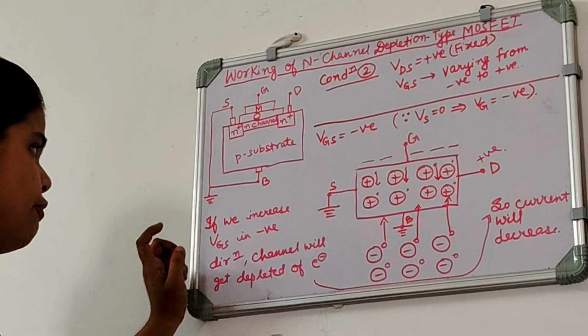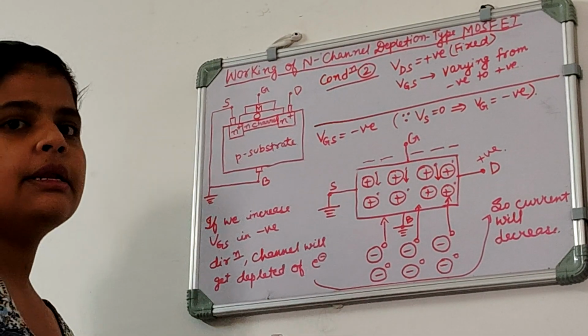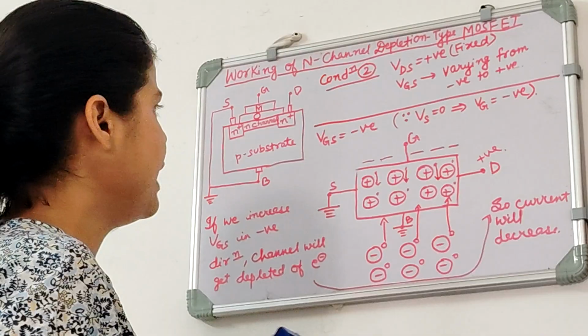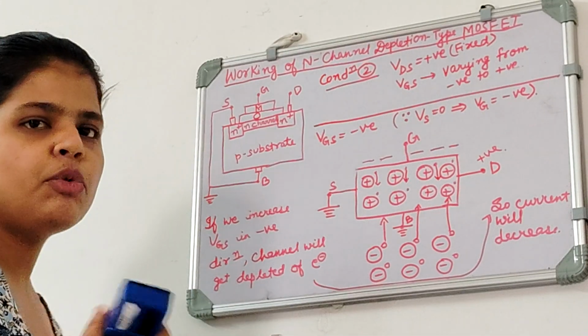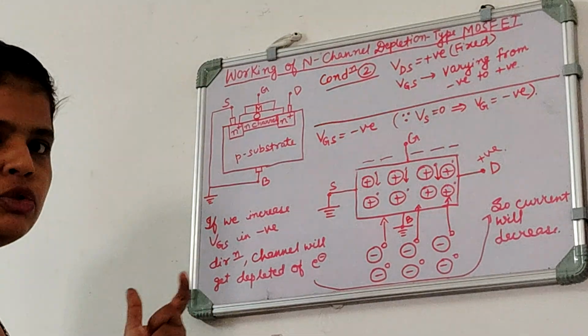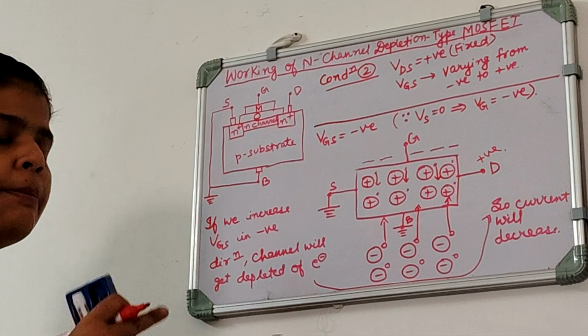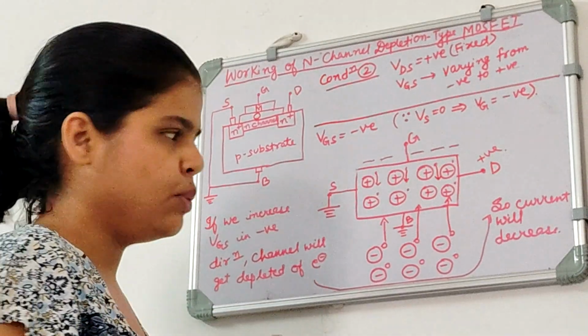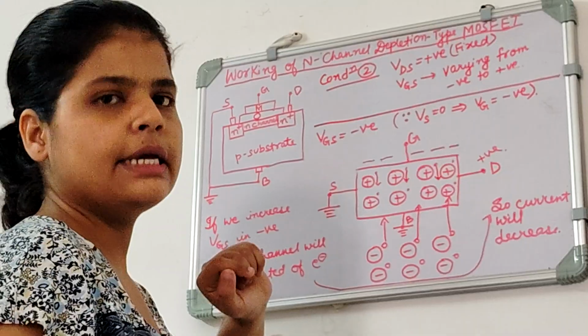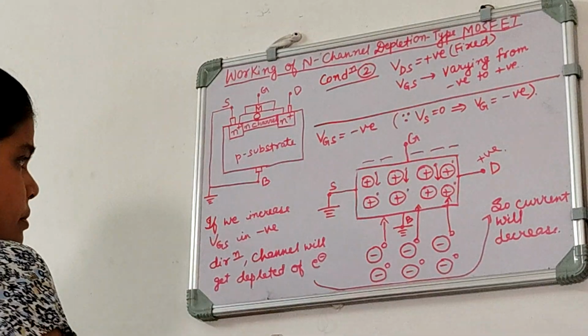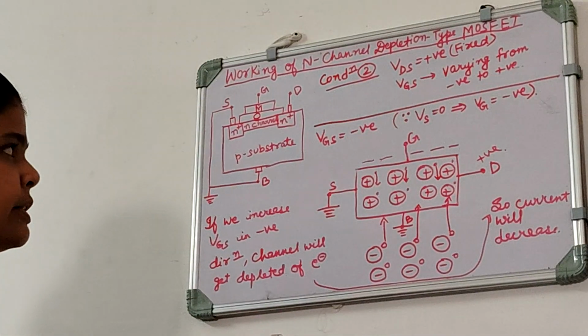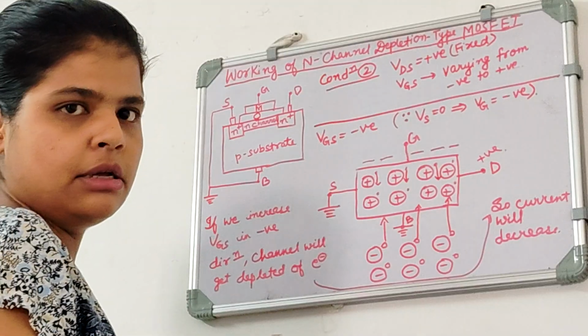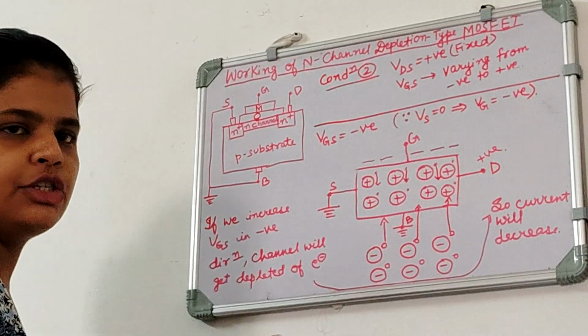So if we make our VGS more and more negative, the electrons will start recombining more and more. That means the channel will get depleted of electrons, so current will decrease. Now what happens if we keep on increasing VGS in the negative direction?